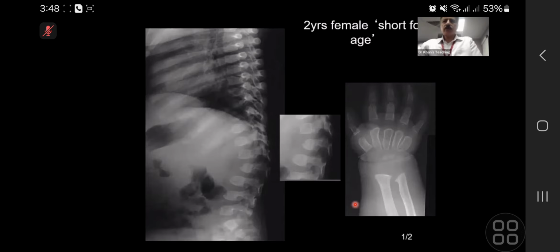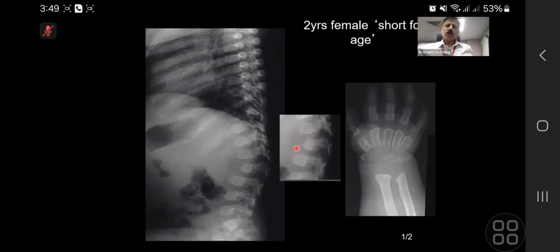Is there a pattern to that which can help? So the metacarpals are a little bit elongated and widened. And yeah, they're just shaped a bit abnormally.